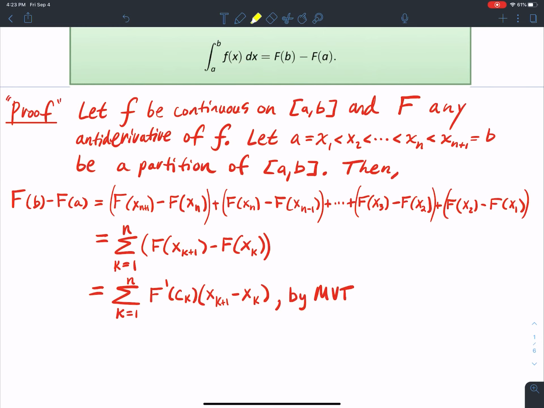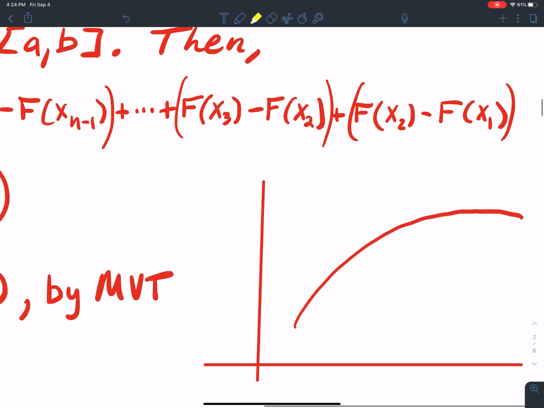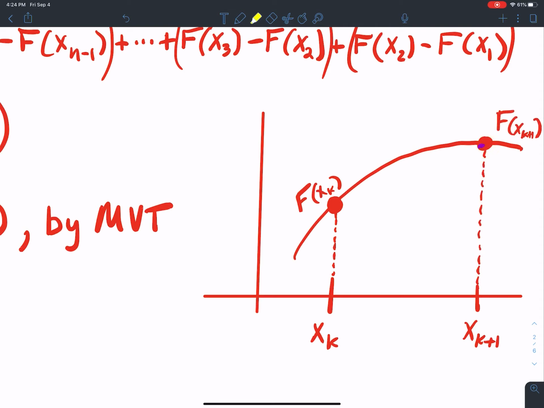This comes from the mean value theorem. So let's think back to the mean value theorem for a second. Say we have some interval with an xk, and I evaluate at capital F of xk, and then some xk plus 1, the next x value we pick over, and I plug it in here, and it outputs F of xk plus 1.